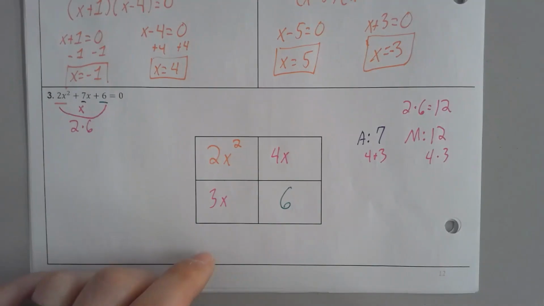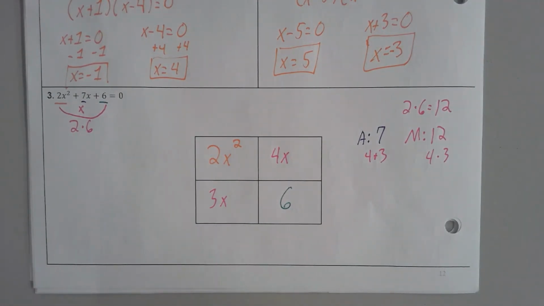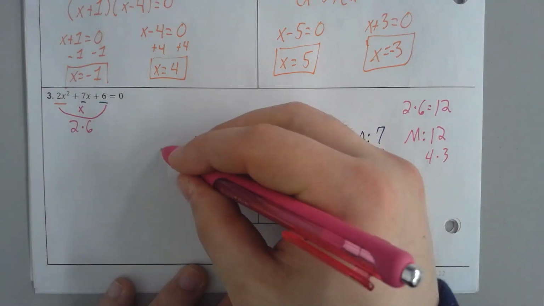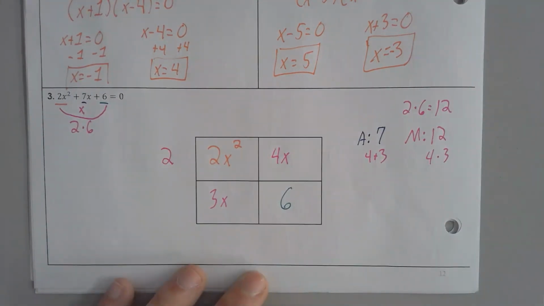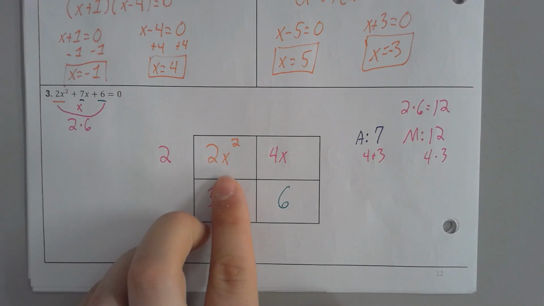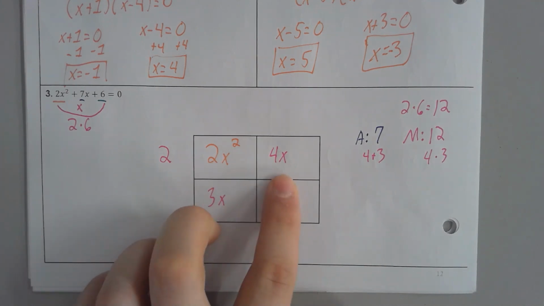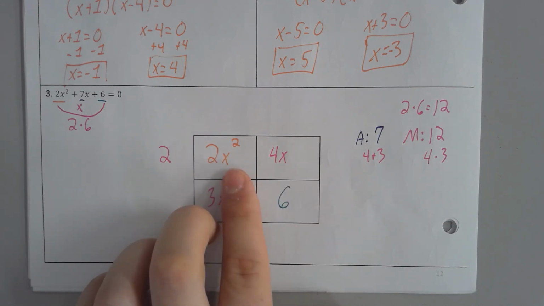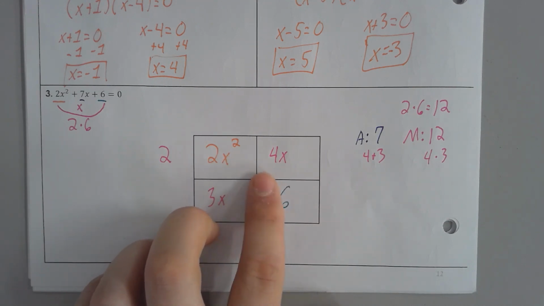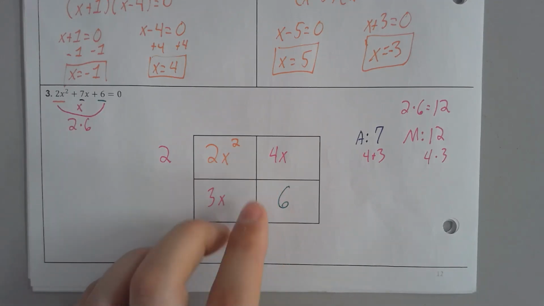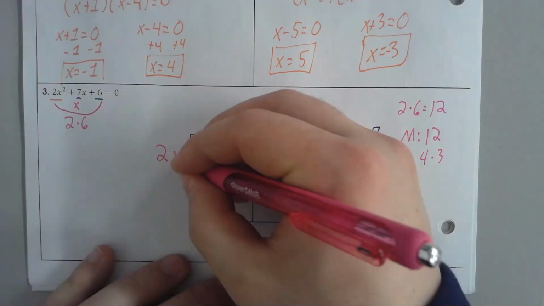What is the greatest common factor of those two? 2. And then we've got an x squared here and 1x here. So what does that mean? If we're pulling everything we can out, that means we can pull out 1x.